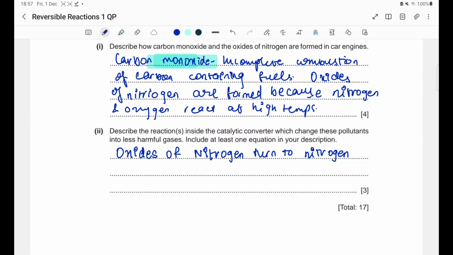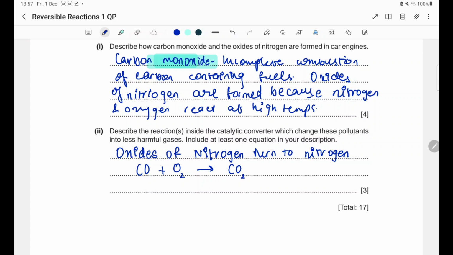Now, I believe the chemical equation for carbon monoxide to carbon dioxide is easy, so I will write it. Carbon monoxide plus oxygen will give carbon dioxide.